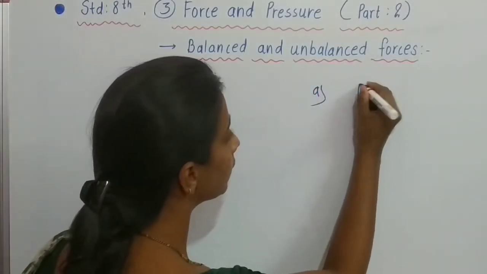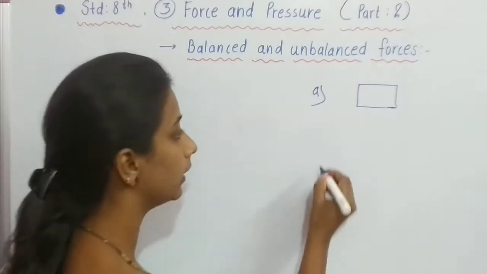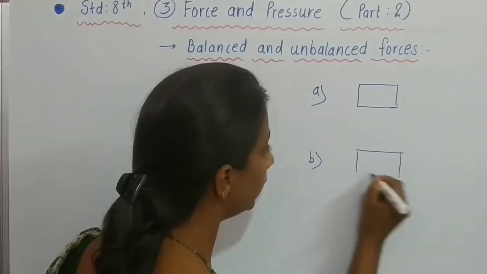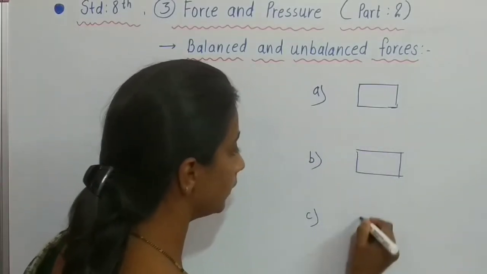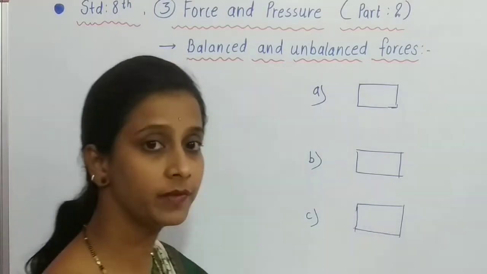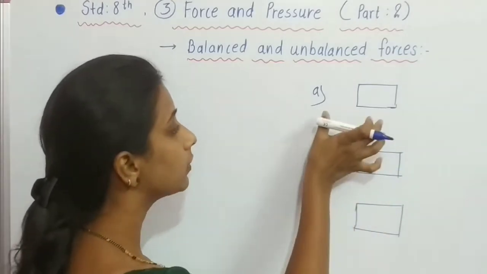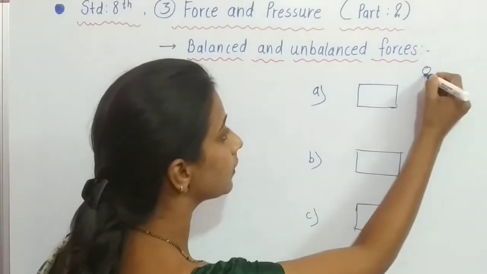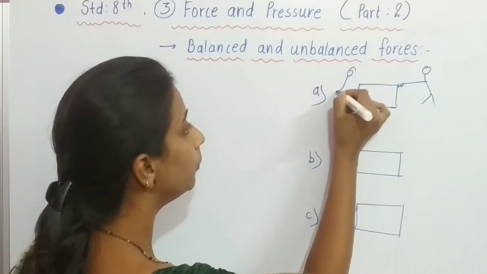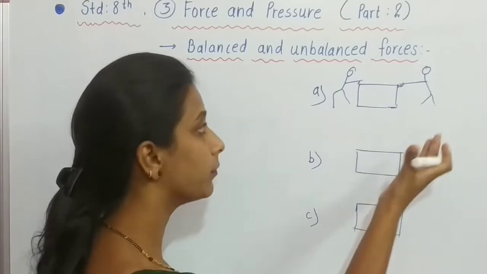Suppose this is object A, a block. This is block B. And this is block C. Here 3 blocks, 3 objects are present. Now, in the case of object A, 2 persons are trying to pull that object towards themselves.